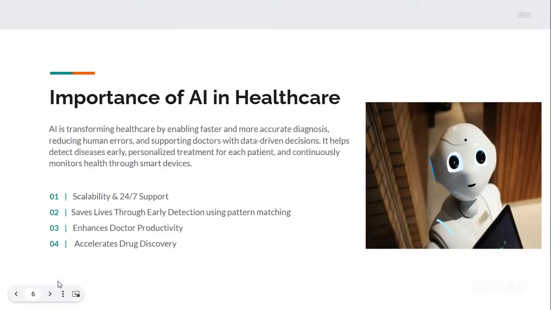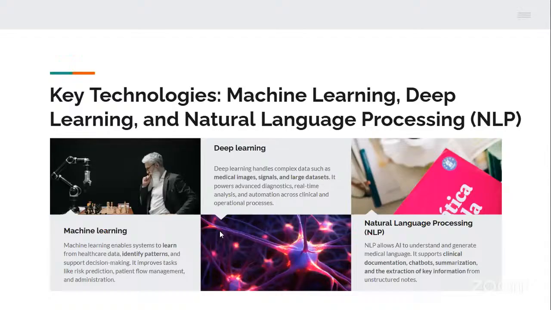Next slide, ma'am. We will see the difference between these three: machine learning, deep learning, and NLP in healthcare AI. In machine learning, the model learns from healthcare data, identifies patterns, and supports decision making for doctors and others. In deep learning, it learns from X-rays, CT scans, PET scans, and MRI scans, imaging and signals that are very complex.